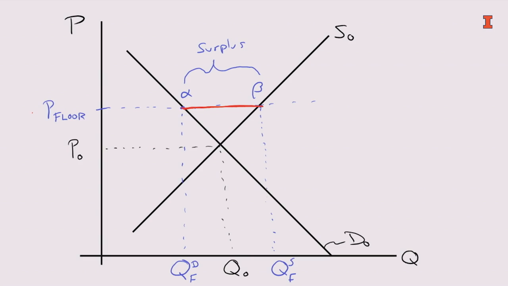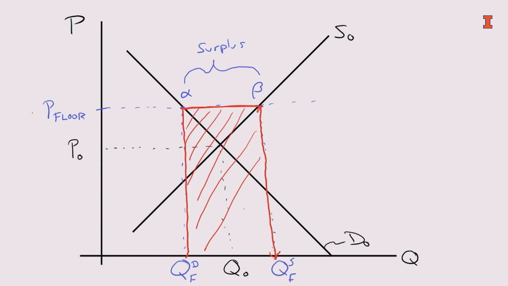So the government is paying this vertical distance, the price per gallon of milk. How many gallons of milk does it buy? This horizontal distance. If you multiply base times height, you get the area of a rectangle. So the value of this rectangle is the total outlay by the U.S. government, the total expenditure buying surplus milk.